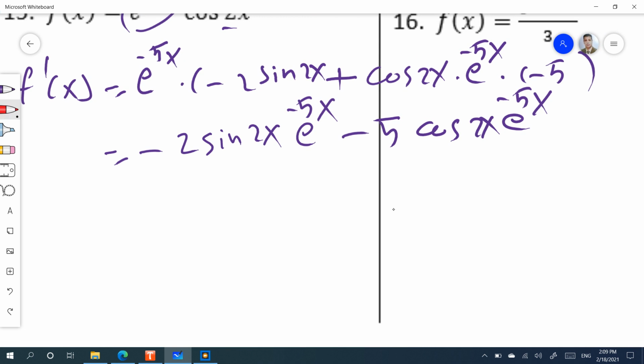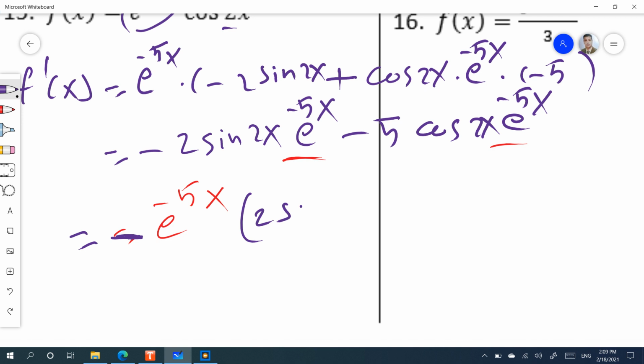Exponential minus 5x. We can also take the minus out, so it is 2 sin 2x plus 5 cosine 2x.